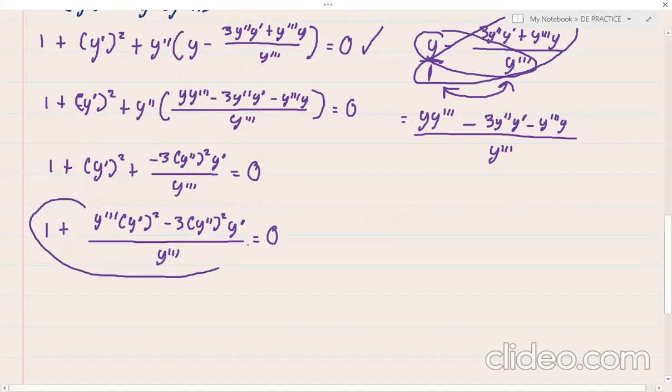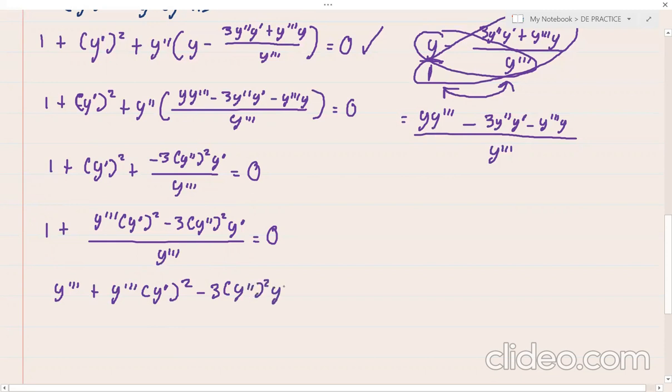So let's make this one into a whole fraction. So we will have y third prime plus y third prime times quantity y prime squared minus 3 times the square of y second prime times y prime all over y third prime is equal to 0.